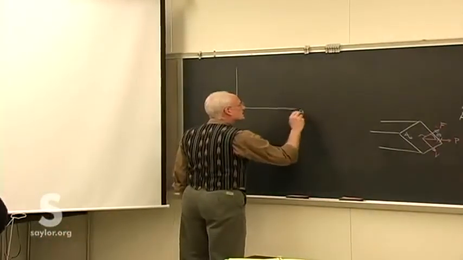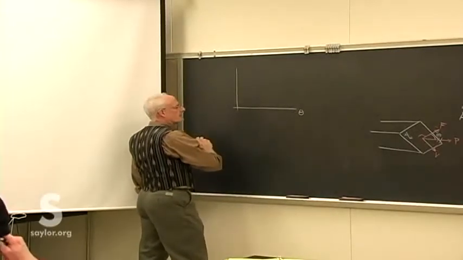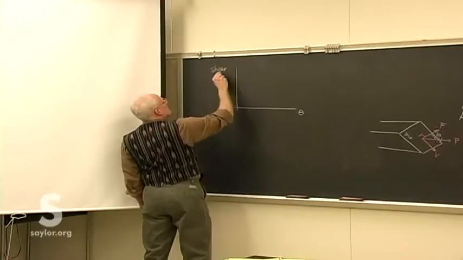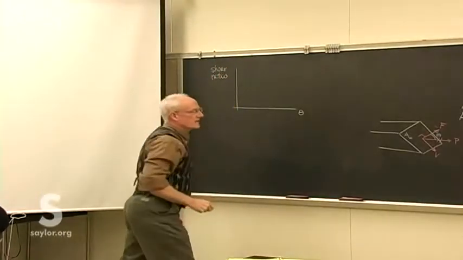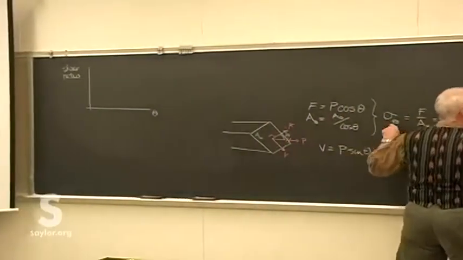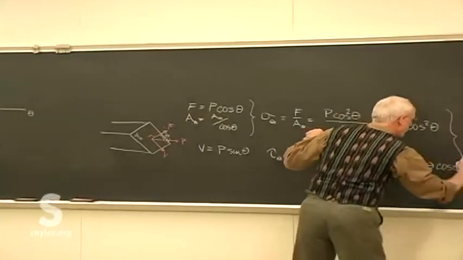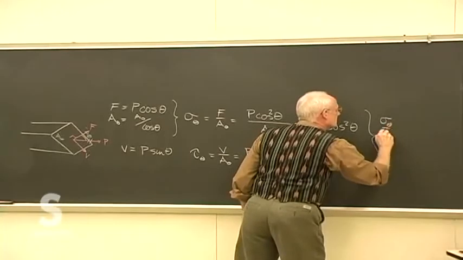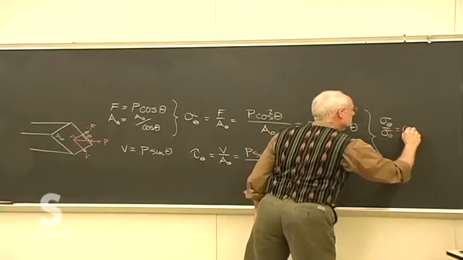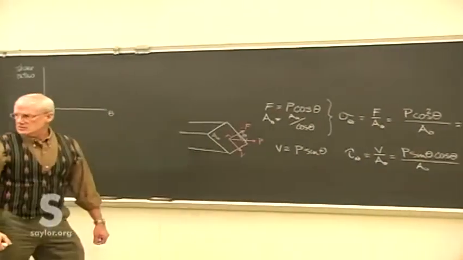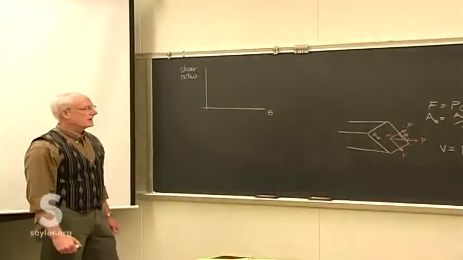So if we just look at maybe what I'll call the shear ratio, the ratio of these two, sigma theta to sigma 0 is cosine squared theta, just to normalize it so I can compare the two.